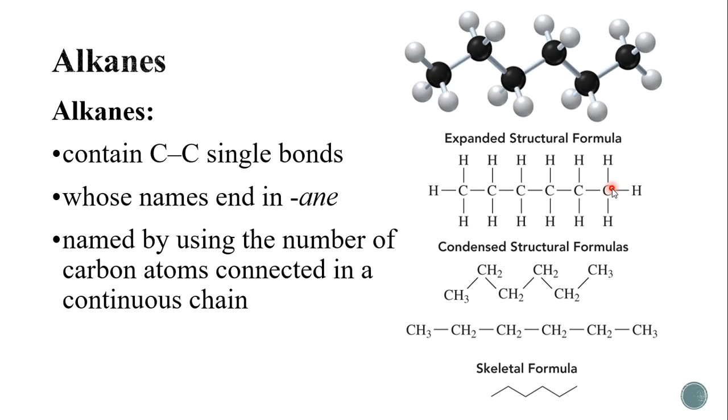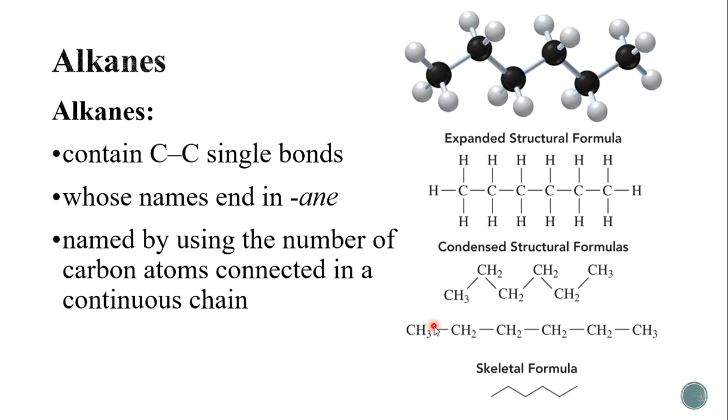The other ones, we as chemists are lazy. We will always find a way to condense this down or write less, take up less room. So that's what these 3 down here are, just condensed, lazy, if you will, formulas. What we've done here is we've just taken the hydrogens and drawn them as H3. So this carbon right here has 3 hydrogens attached to it, and it's connected to another carbon.